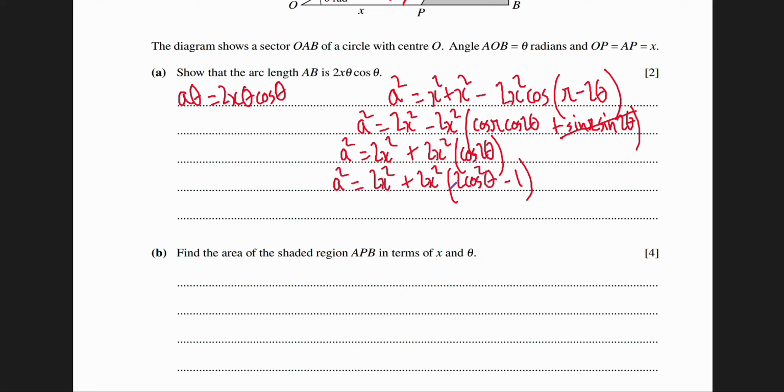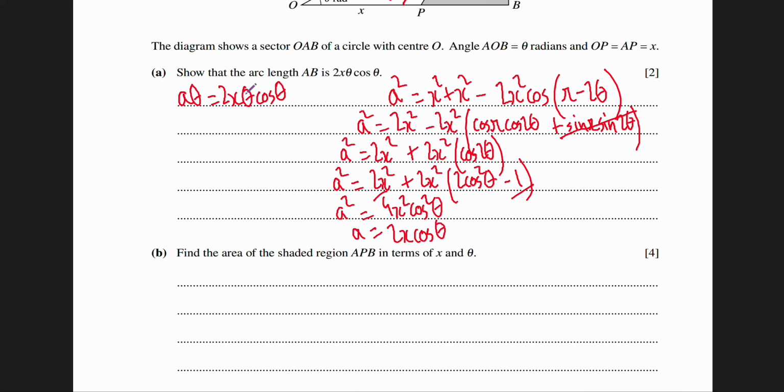Then 2x squared times minus 1 would be minus 2x squared. So this and then this would cancel out, and you would be left with A squared is equal to 2x squared times 2 cos squared theta, which is 4x squared cos squared theta. You take the square root of that, and then you have A is equal to 2x times the cosine of theta.